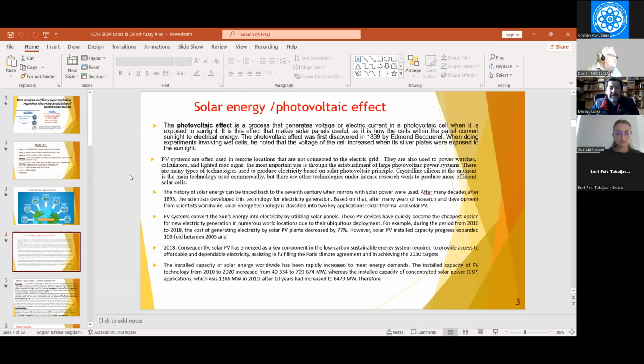The photovoltaic effect, as you know, is the process that generates voltage or electric current when exposed to solar energy. Photovoltaic power systems are often in remote locations that are not connected to the electric grid.